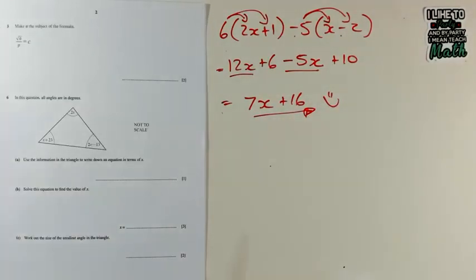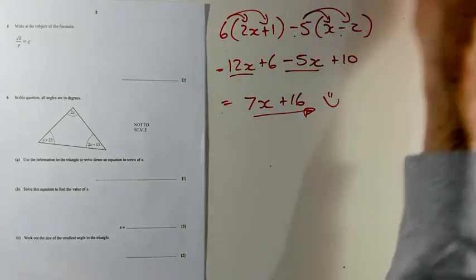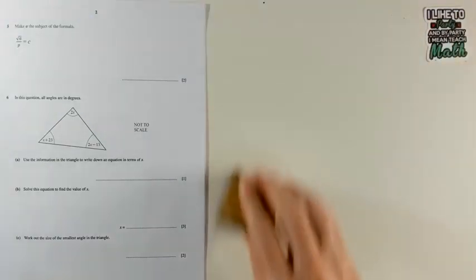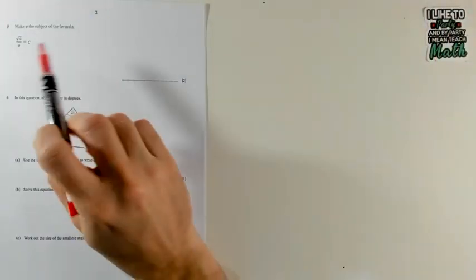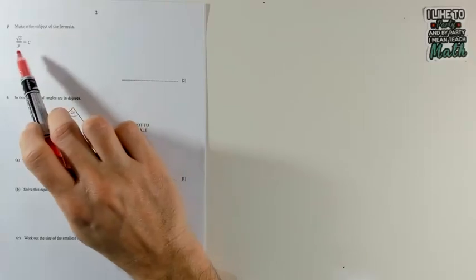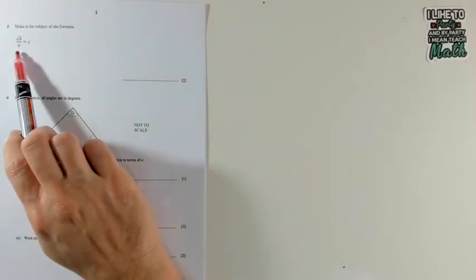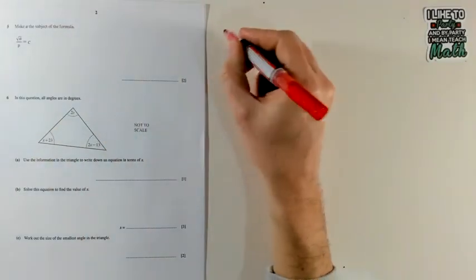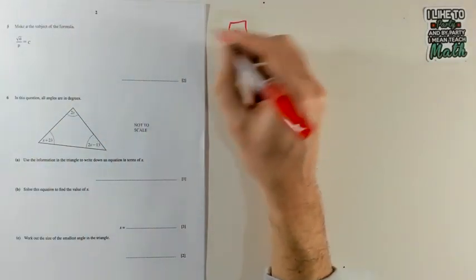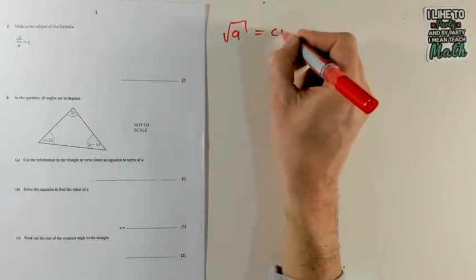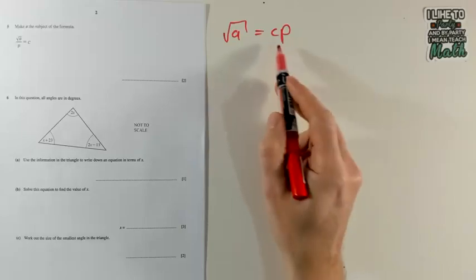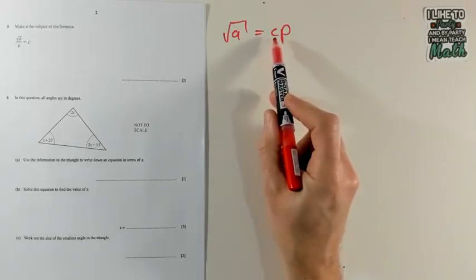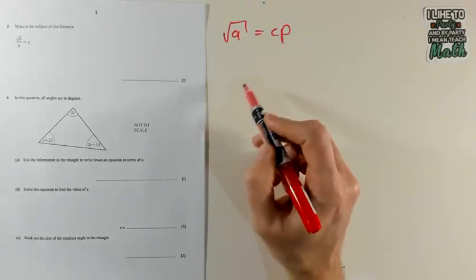Next page. Another rearranging formula question. Make A the subject of the formula. First of all, I don't like the fraction there, so I'm going to multiply by p on both sides. So I'll be left with the square root of a is c times p. You could write pc, but usually we want to write alphabetical order, so cp makes more sense.